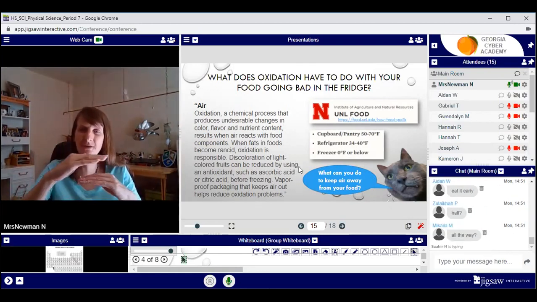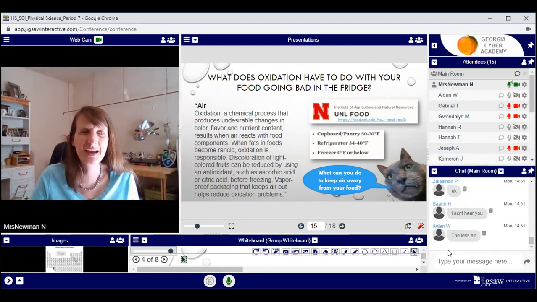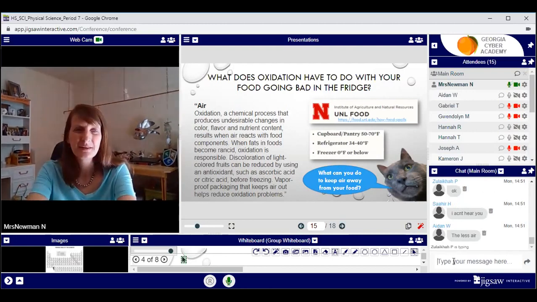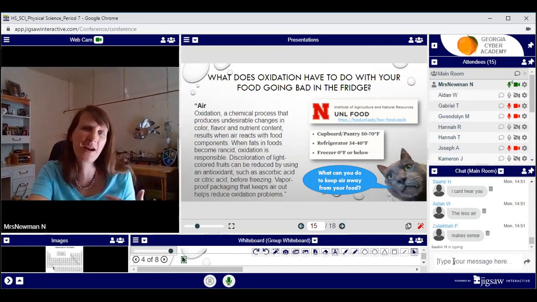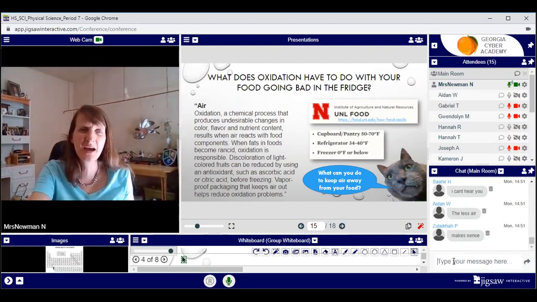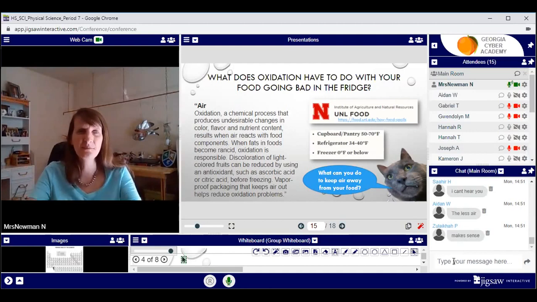The more you can fill up a container, the less air that's in there, and then the less reaction that can occur. And like something like cake batter or pancake batter that I might keep for the next day, I'll put saran wrap actually on the batter surface so that it's completely sealed and cannot reach the air.